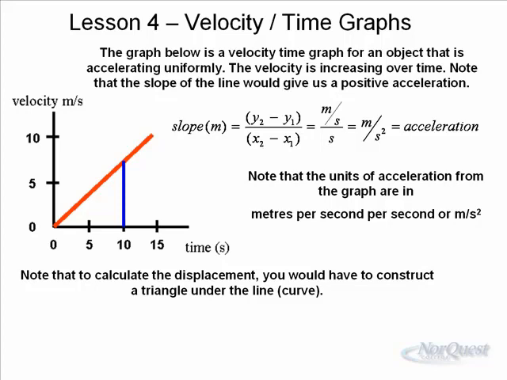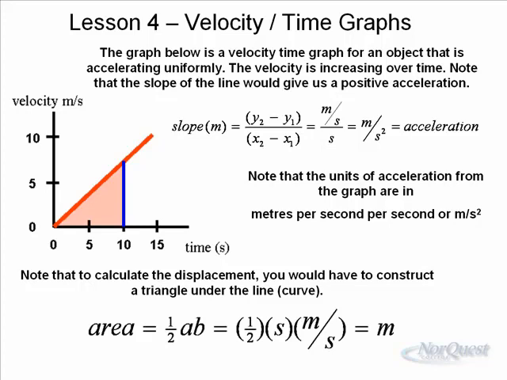Here, because we have acceleration, the slope is greater than 0, and we end up with a triangular shape under the curve. So we need the formula for the area of a triangle, which is 1/2 base times height, or 1/2 AB. The 1/2 doesn't have any units, but of course the time, the seconds, if we call A time and B velocity, seconds times meters per second, the seconds cancel and we get meters.